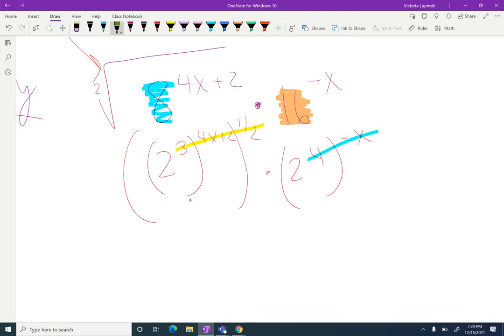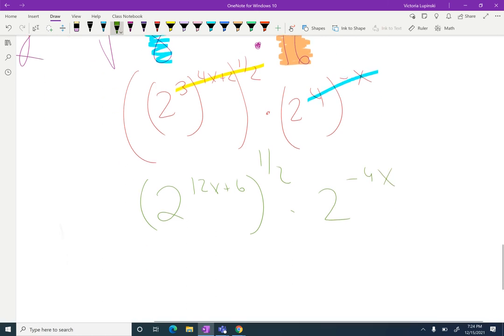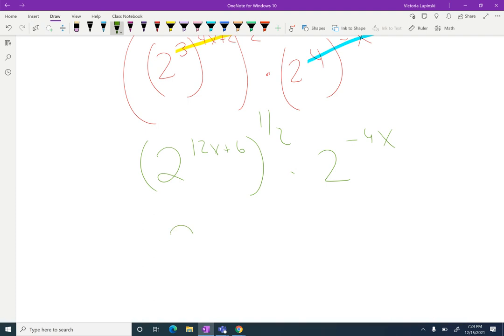So this is now going to give you 2 to the 12x plus 2. Oh, sorry, nope. So 2 to the 12x plus 6, still to the 1/2 power. This is going to give you 2 to the negative 4x. If you multiply again, you're going to get 2 to the 6x plus 3 times 2 to the negative 4x.